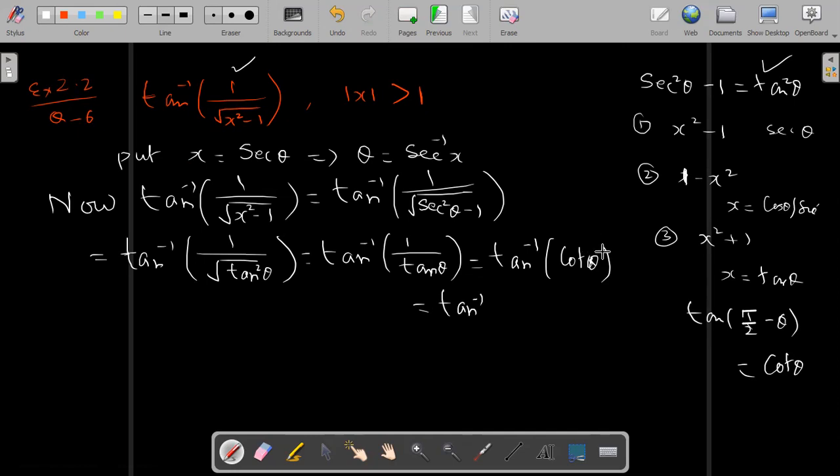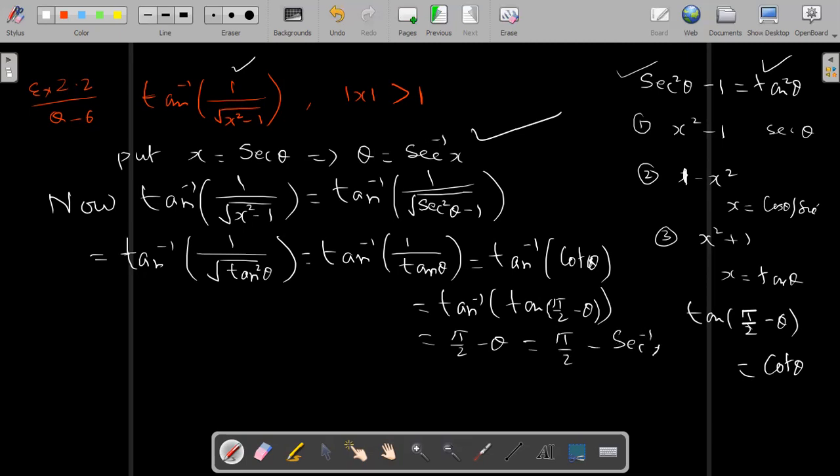So when there is no square, we use 90 minus theta. When there is a square, we have to use the identities. So tan pi by 2 minus theta, and tan inverse and tan will cancel. We get pi by 2 minus theta, and theta is sec inverse x, so pi by 2 minus sec inverse x.